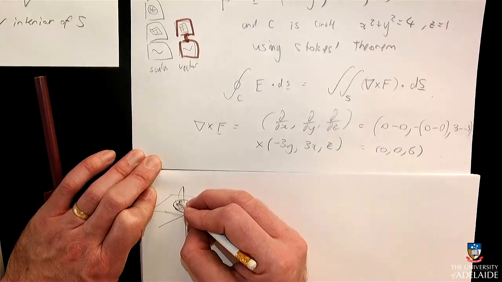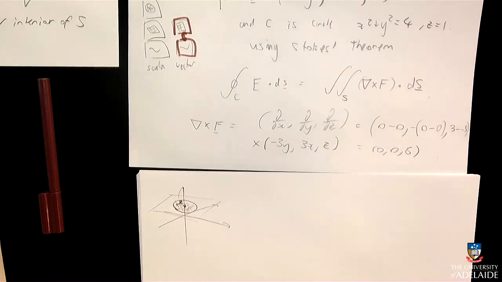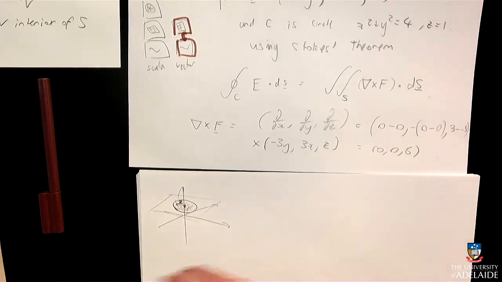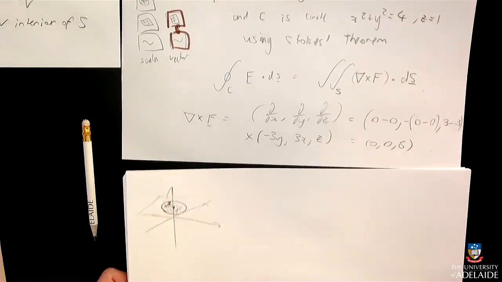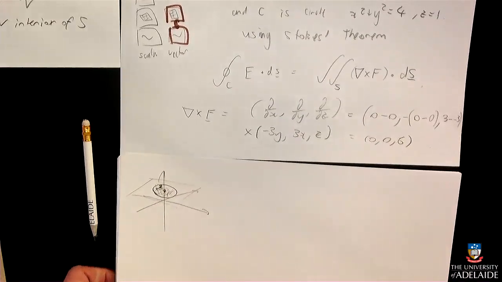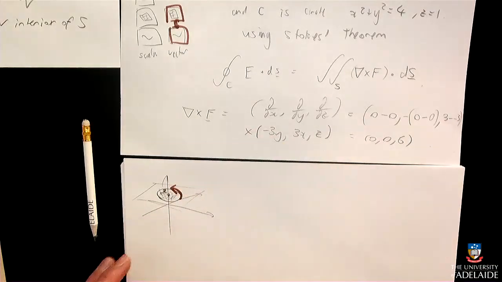And 0, 0, 6 is perpendicular to this surface, no matter where I am, because this surface is horizontal and 0, 0, 6 is vertical. So they said clockwise as seen from the origin, did they? So if I'm looking from below, well, clockwise from below is anti-clockwise from above. So that's this way.